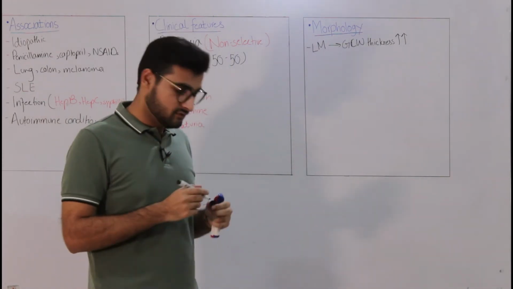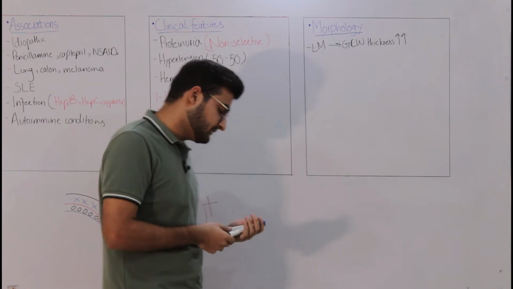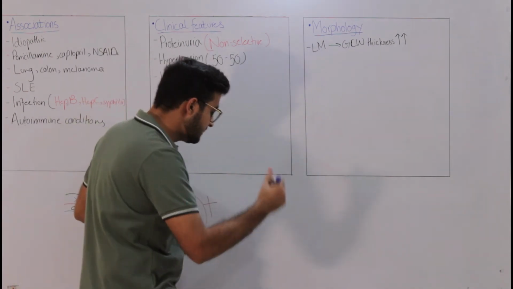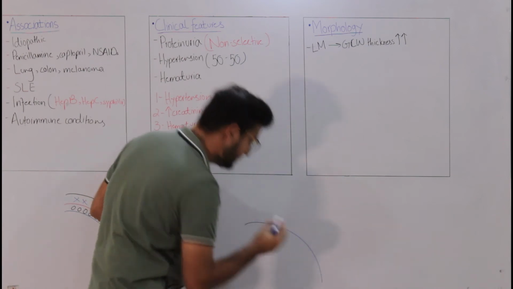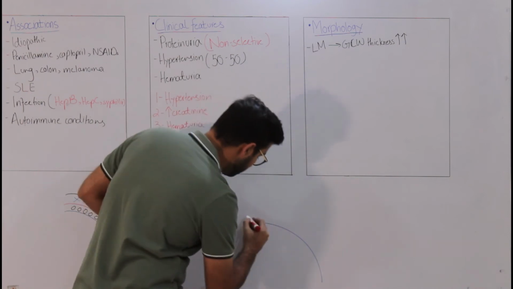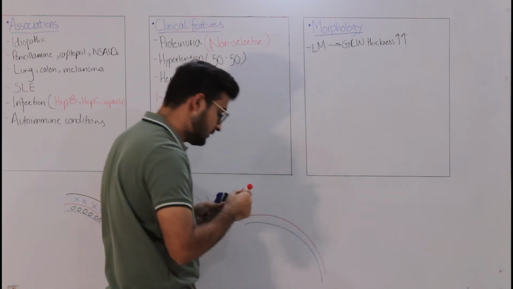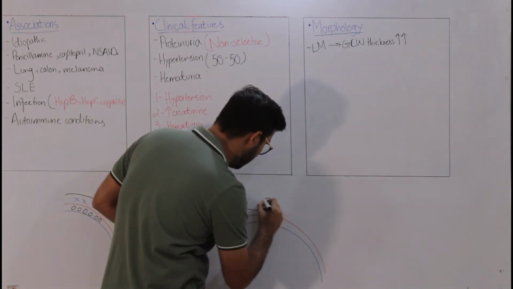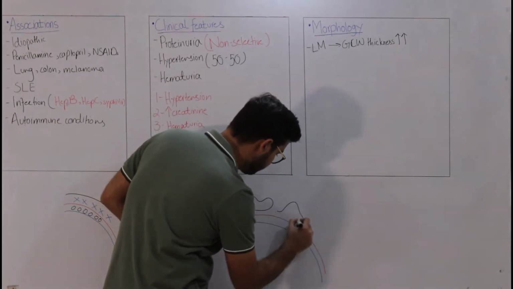On electron microscopy, I'll draw the diagram over here in much more detail. So this is going to be your endothelium, that is represented by the blue marker. The red marker is going to show you your glomerular basement membrane, and the black marker is going to tell you about your podocytes.